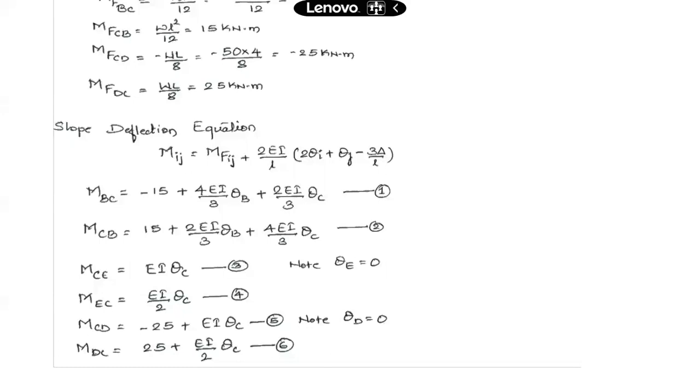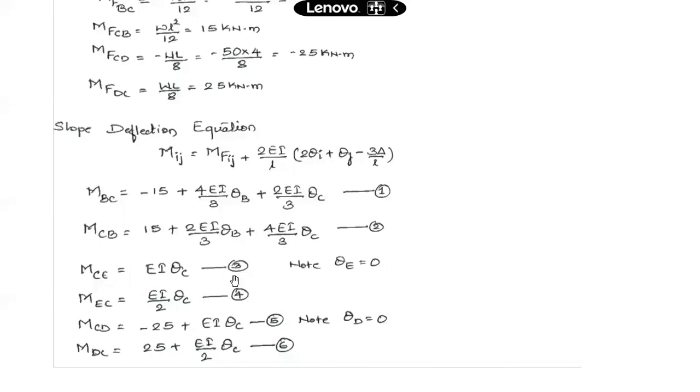MFEC is 0, 2 times theta E will become 0, and the delta term is 0. So I'll be left with 2EI by 4 into theta C. That is EI by 2 into theta C. This is MEC, which is EI by 2 into theta C.